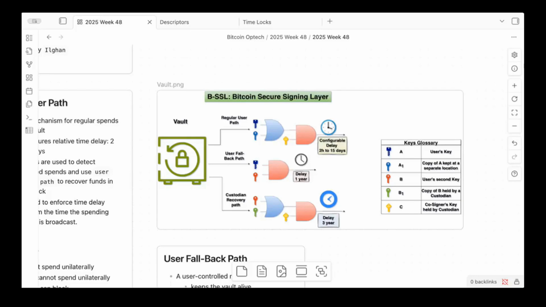There are already a few estate planning custodians, like Casa and Swan, but they all use simple multisigs, so they don't do these kinds of complex constructions. They use simple multiscripts, two of three at the max, but their reliance is more on legislation, jurisdiction, that kind of stuff.